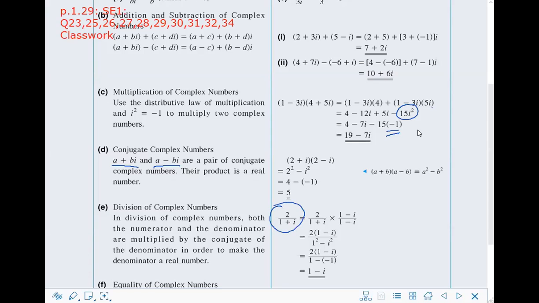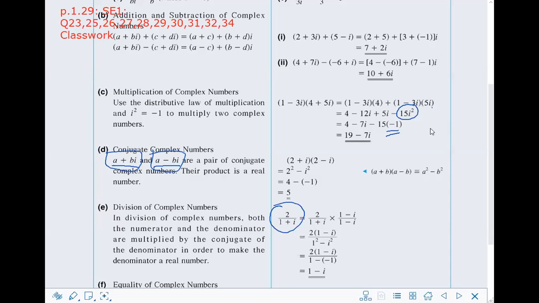If it is originally a minus bi, we multiply by a plus bi over a plus bi. So we just multiply by the other half of the conjugate pair.